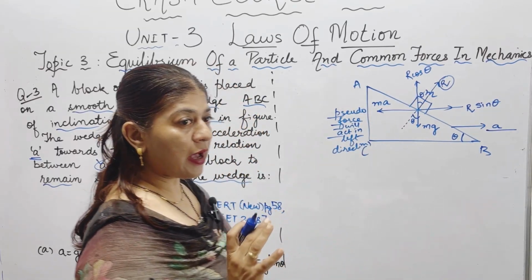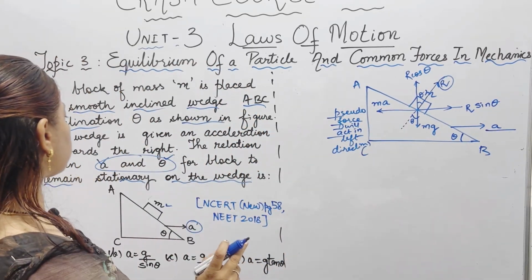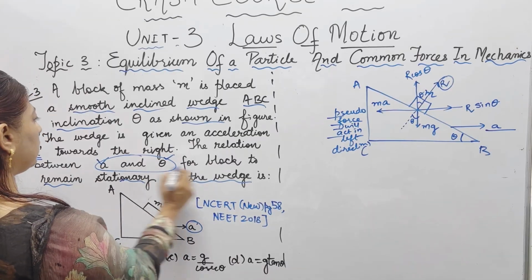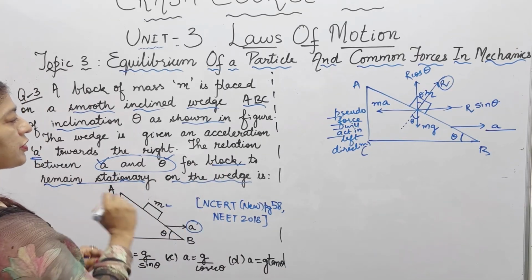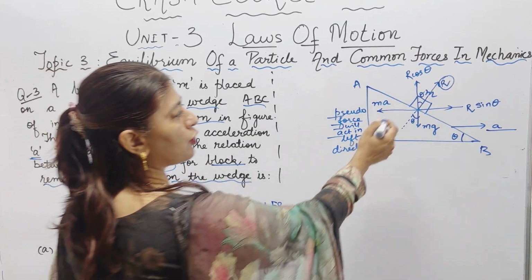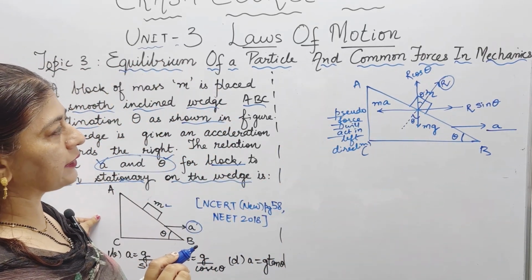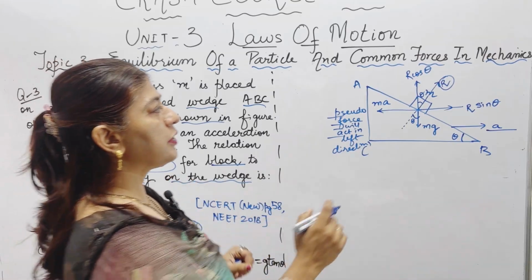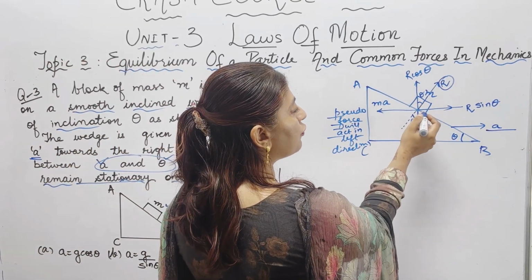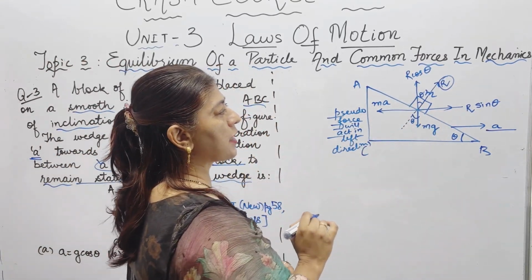Now what is being asked in the question? The block remains stationary on the wedge. This block shouldn't slide. So we have to find the relation between a and theta. Now look, this block won't move if the forces are balanced.